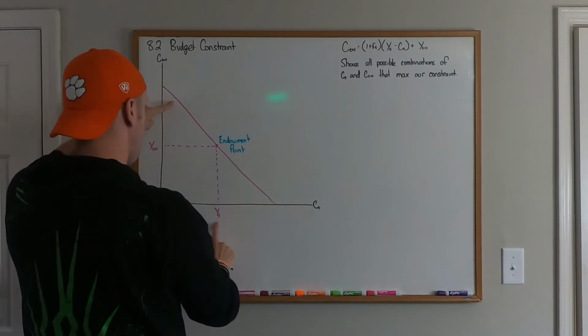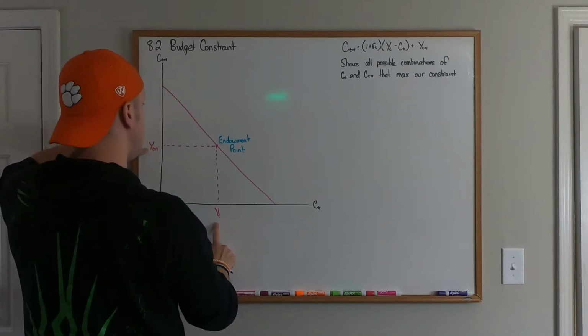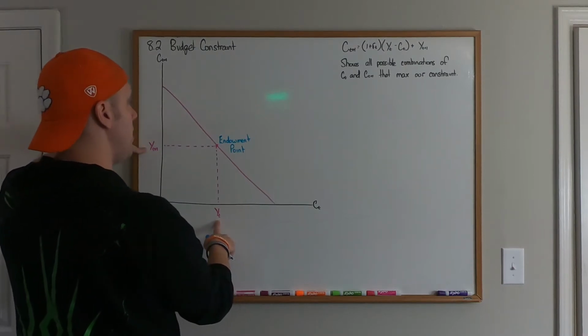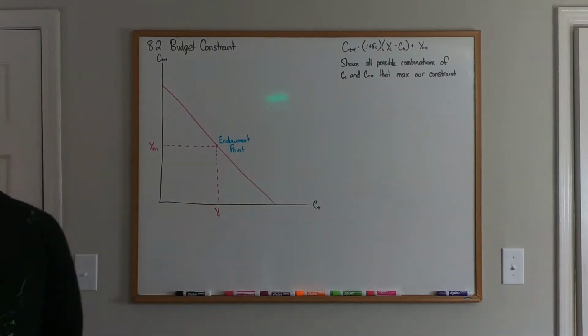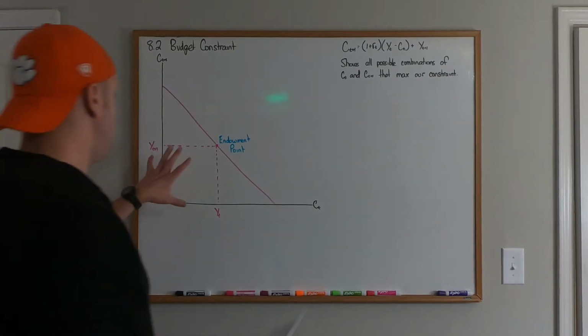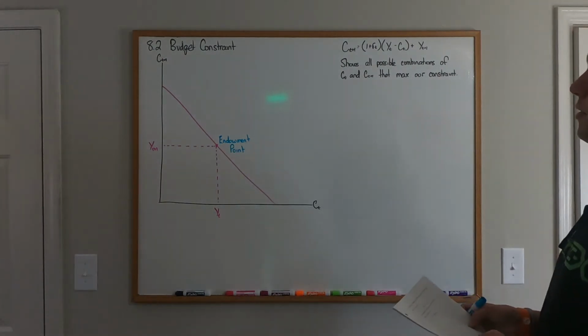This endowment point is a point on that budget constraint where we've got YT, current income, and YT plus 1, future income. So at this endowment point, we can describe what's going on with the placement of current and future income.